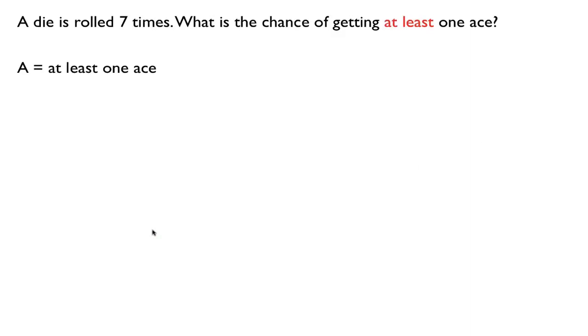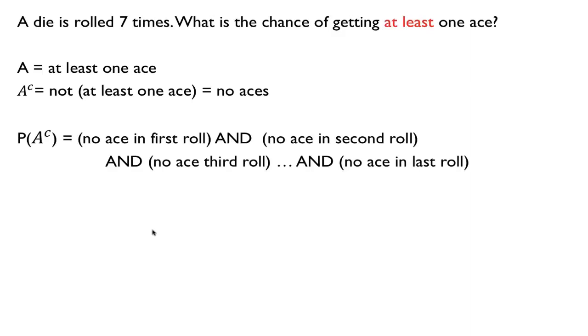So let A be the event of at least 1 ace. Instead of doing this problem, which is very hard, I'm going to do the opposite or complement problem, which is much easier. So what's the complement of A? Not at least 1 ace. If I want the event that is not at least 1 ace, that means I want no aces. At least 1 ace means 1 or more aces. If that's not true, then I have no aces. So the complement event is no aces. And notice this event is much easier to calculate.